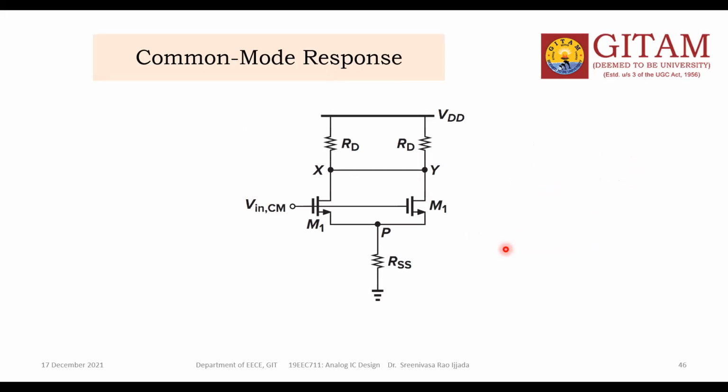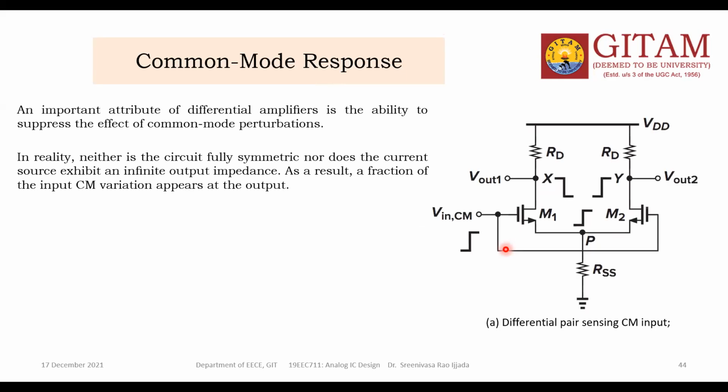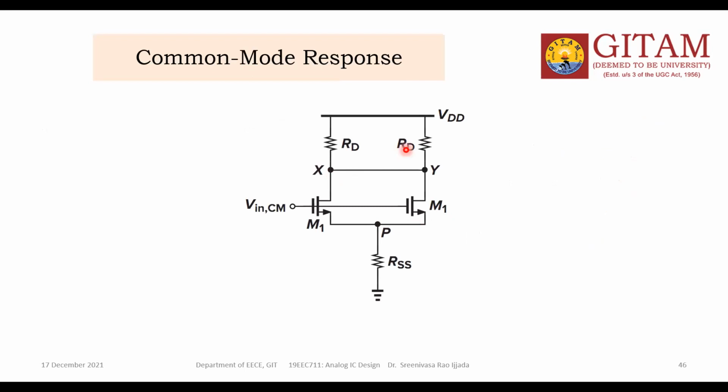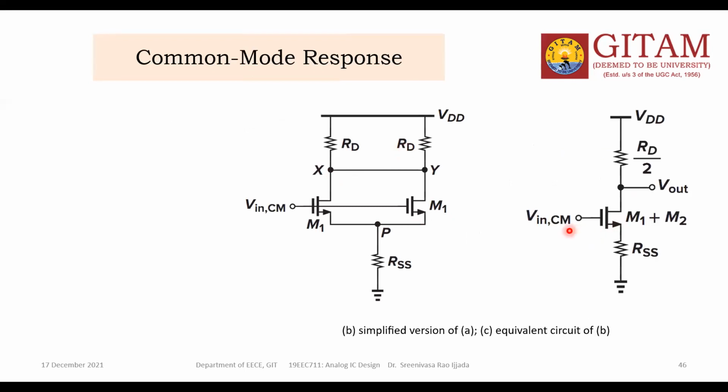Based on that concept, for any change at this point, a corresponding equal and opposite change you will get here, at the X and Y nodes. So RD parallel by 2 equals to... these two transistors are called the composite transistor M1 plus M2, and this is the RSS.